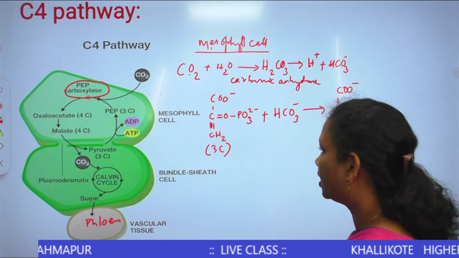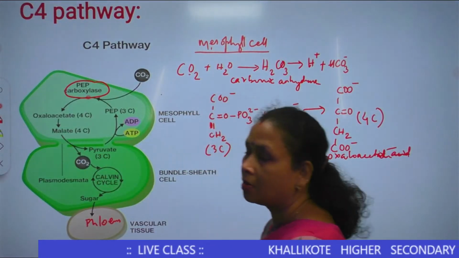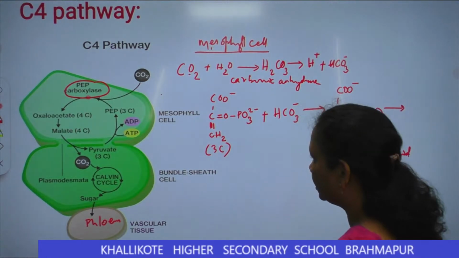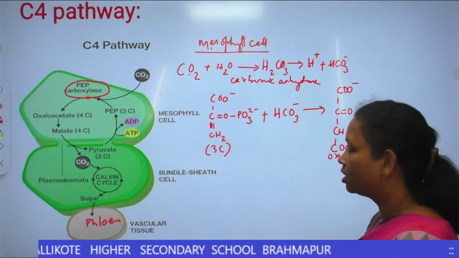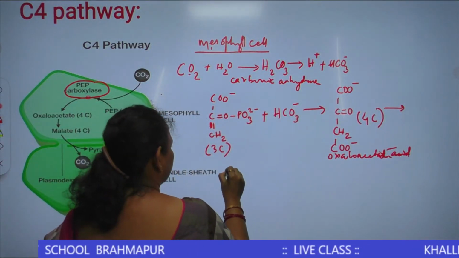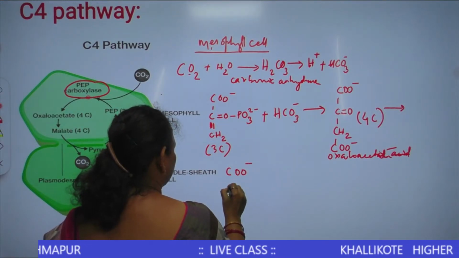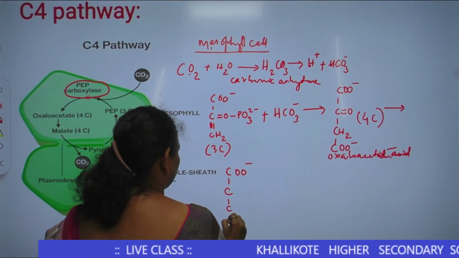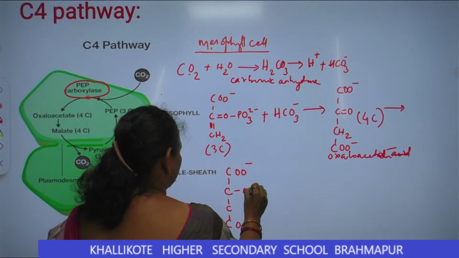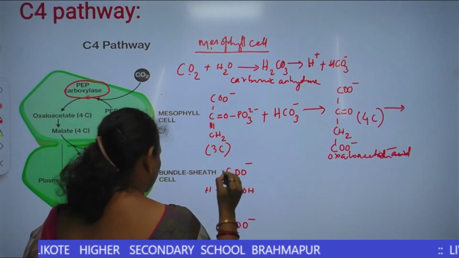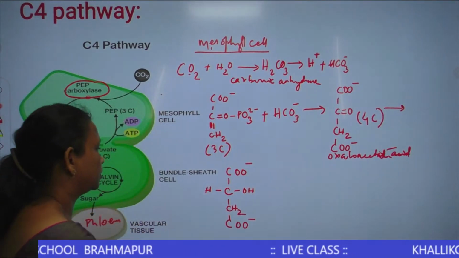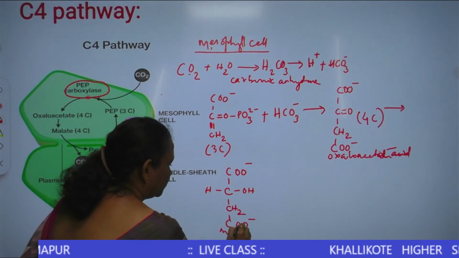Then oxaloacetate is reduced to malate. So here we will transform oxaloacetate into another 4 carbon compound, which is malate. So this is the 4 carbon compound malate.